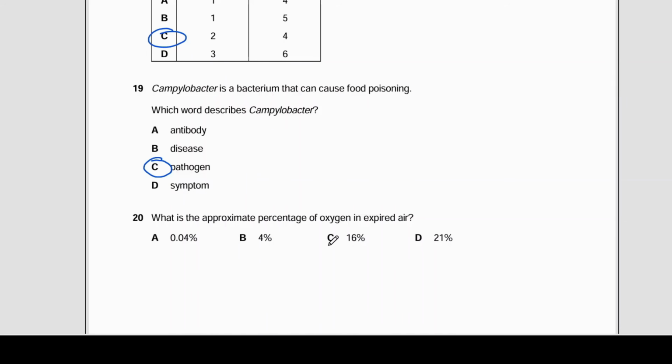What is the appropriate percentage of oxygen in expired air? 16%. Okay, the inspired air has 21%. Okay, this one is the concentration of carbon dioxide in inspired air, and this one is in the expired air, right? And this one is the inspired oxygen, and this one is expired oxygen.